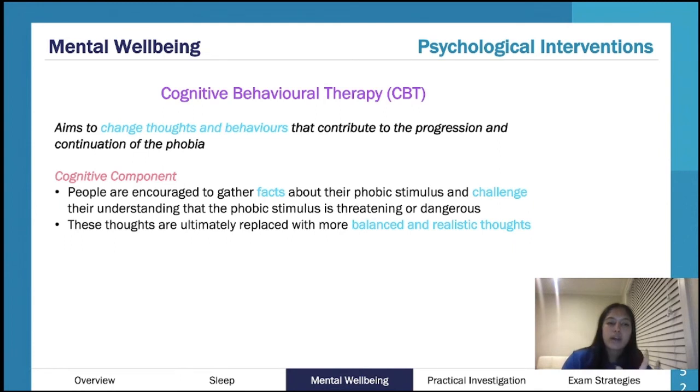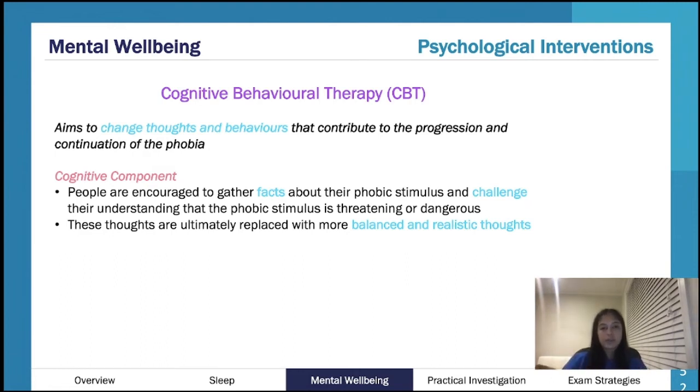So if we think about the cognitive part of CBT in the context of specific phobia, it's just challenging all of these bad thoughts that we have. So if you think about, for example, our cognitive biases, our catastrophic thinking, our memory bias, the cognitive component can work to fix these.